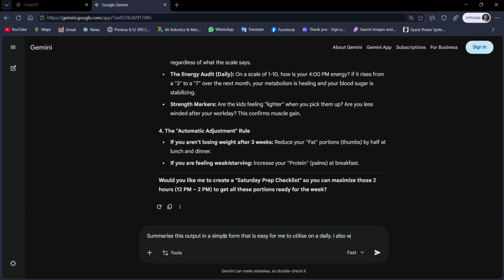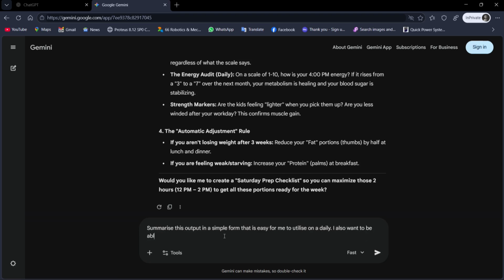I also want to be able to see all the necessary information at once without stressing, or let's say without spending much time to locate it.